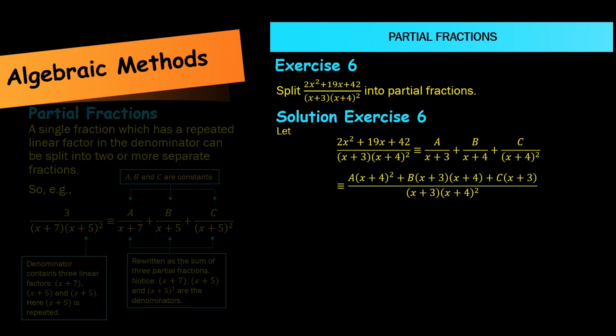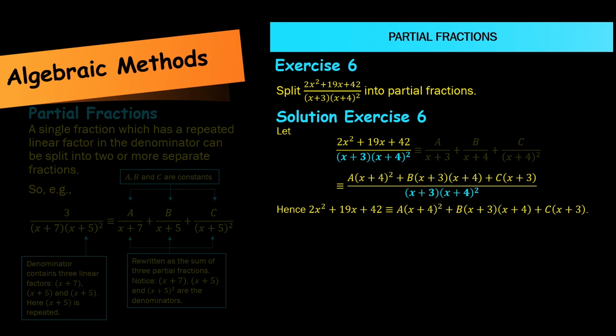Adding these 3 partial fractions together and putting them over one common denominator gives us this expression here. Now, since the denominators are the same, as you can see highlighted in red, we can conclude that the numerators are the same.